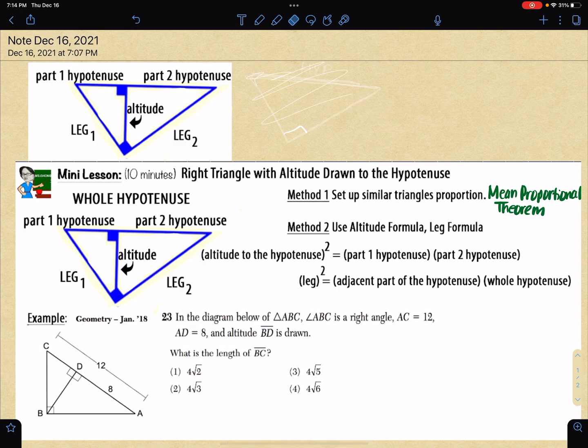Okay. So now going back to this situation, what we have in these problems is an altitude drawn to the hypotenuse. Whenever you have an altitude drawn to the hypotenuse, most teachers like to teach the mean proportional theorem, but I'm going to teach it with a Chong twist to it.